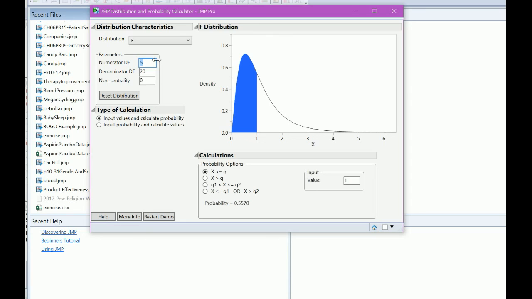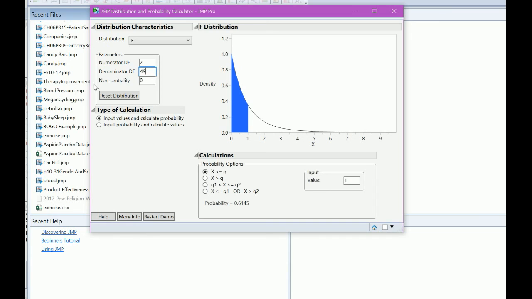In this case, we had G minus 1, or 3 minus 1, or 2 degrees of freedom in the numerator. Our within groups degrees of freedom was N minus G, or 52 minus 3, which gave us 49 degrees of freedom within our groups. And we do not ever have a non-centrality parameter in this class, so we just leave that at 0.